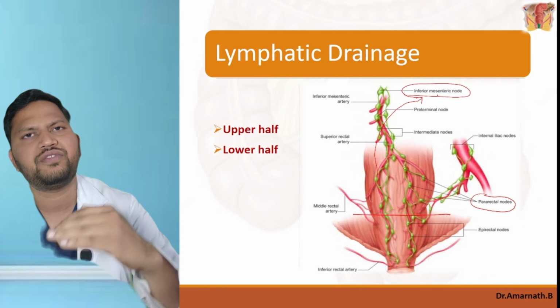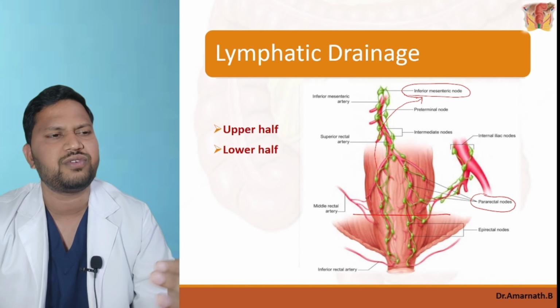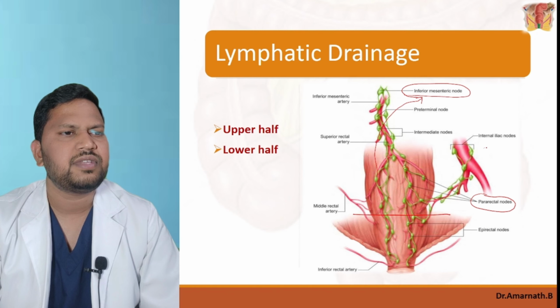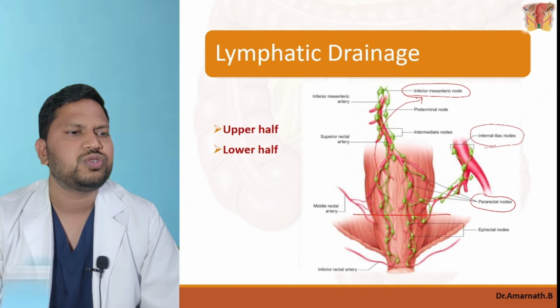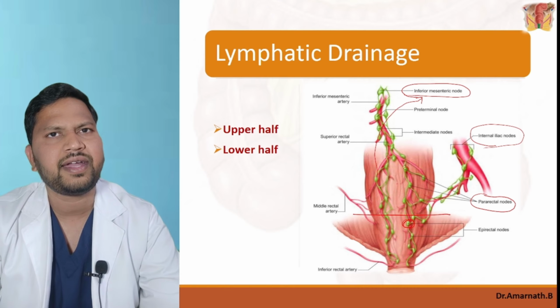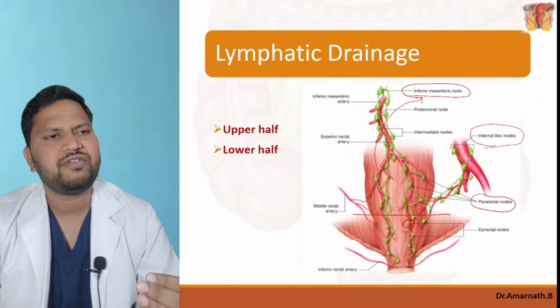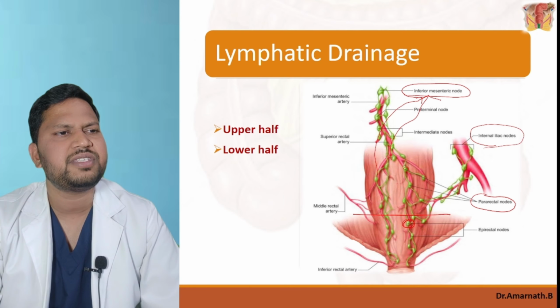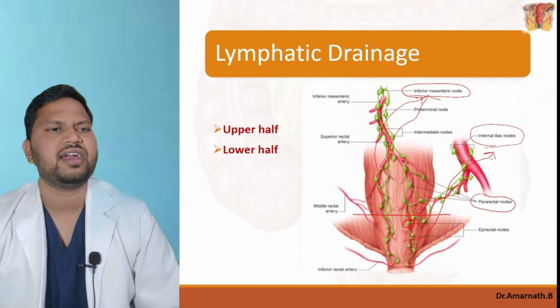So the upper half drains into the inferior mesenteric lymph nodes, whereas the lower half drains into the internal iliac nodes. Here we will find the epirectal lymph nodes. In the upper half, we will find the pararectal lymph nodes. The upper half drains into the inferior mesenteric nodes, whereas the lower half drains into the internal iliac lymph nodes.